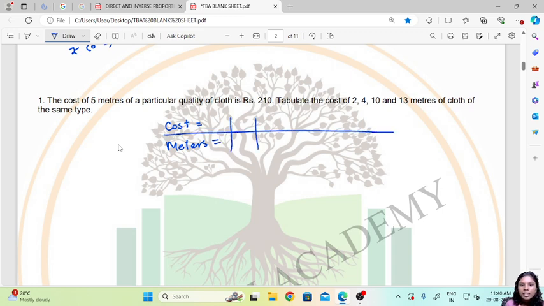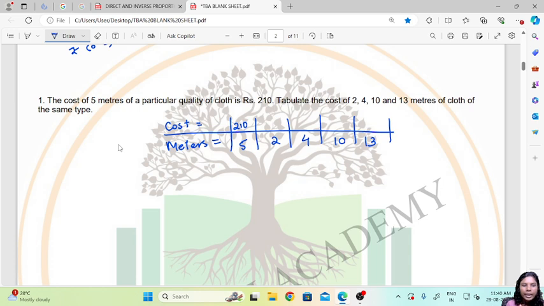What we know is that the cost of 5 meters is 210. Now we have to find the cost for 2 meters, 4 meters, 10 meters and 13 meters. Understood? So how are we going to find this?